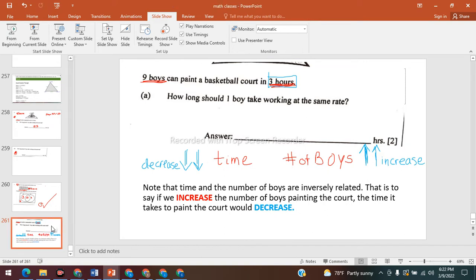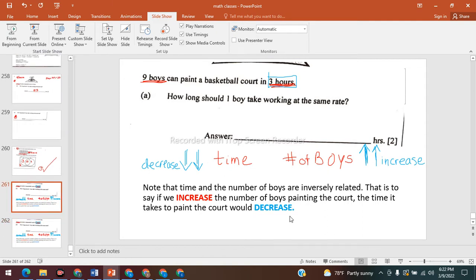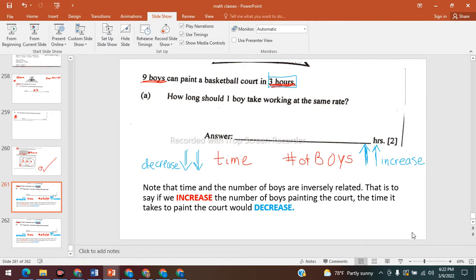Let me know when I can move this before I give you some more. If one increases, the other one decreases. If one decreases, the other one increases.